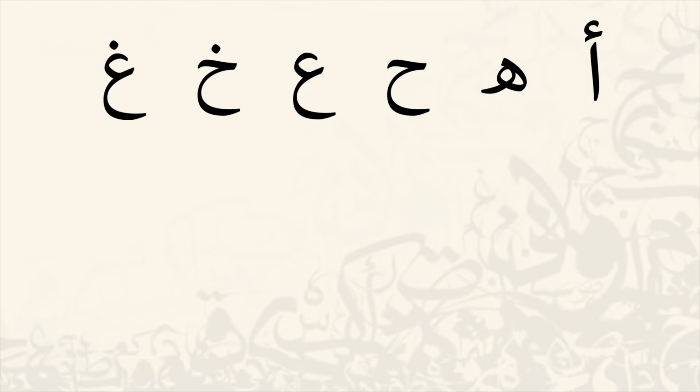All of them are produced from the throat area, and many non-natives mix some of them in pronunciation. Today, we will learn how to differentiate between them and how to realize their differences.